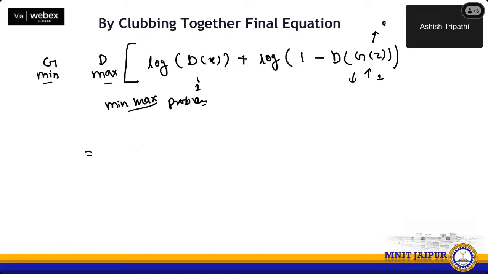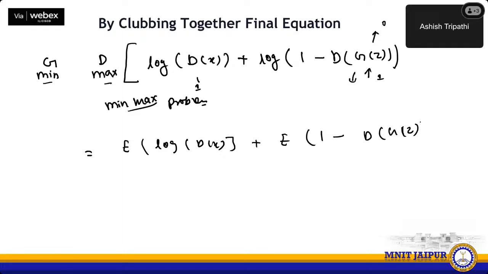Similarly, this is the loss function for one data sample, and if I want to generalize it, I can write it in this form: expectation of log of D of x, the same equation that we get in the paper introduced by Ian Goodfellow for the original GAN model, plus expectation of log of 1 minus D of G of z, which is basically a cumulative sum.